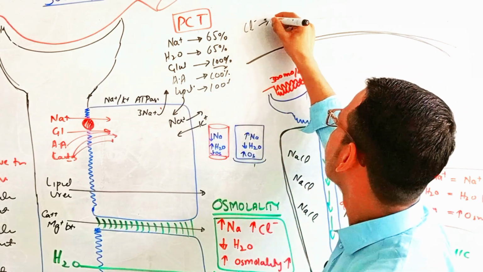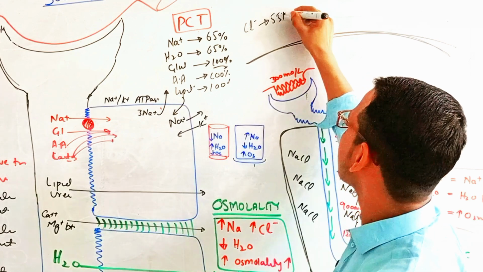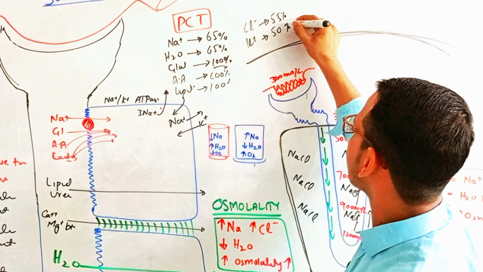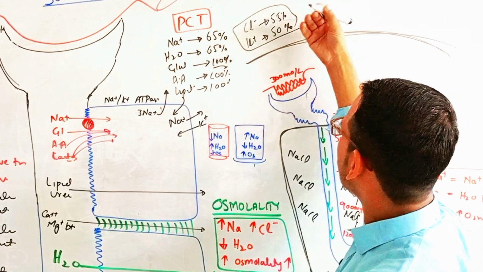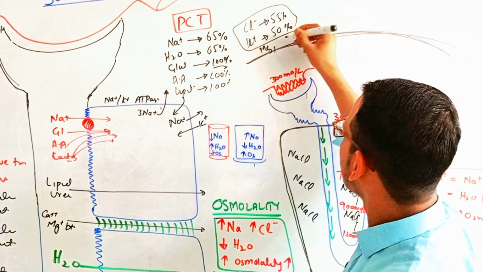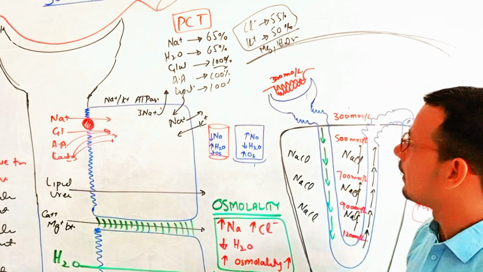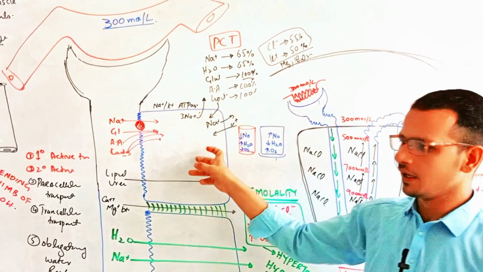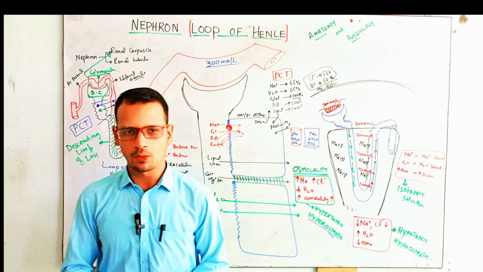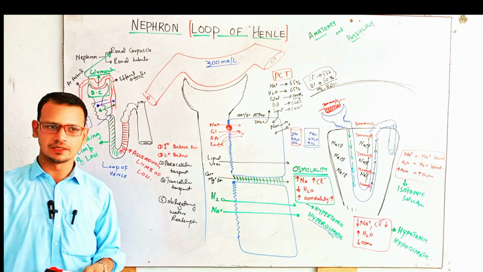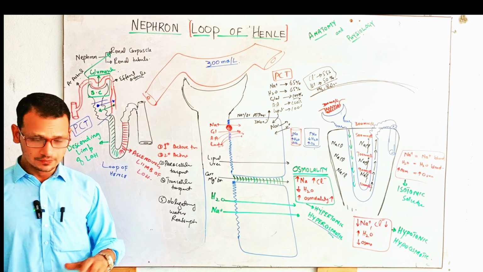Chloride ions 50 to 55%. Potassium ions 50 to 55%. Right? And magnesium and bicarbonates are also reabsorbed from this area. One mechanism is for the bicarbonate ion. Bicarbonate ion is not directly reabsorbed into the blood.